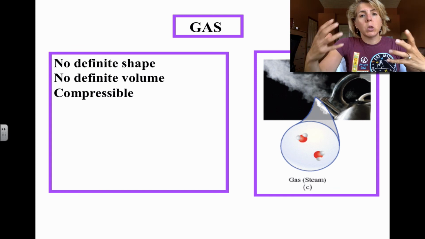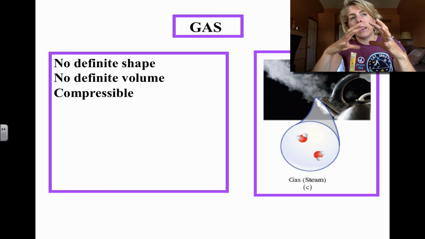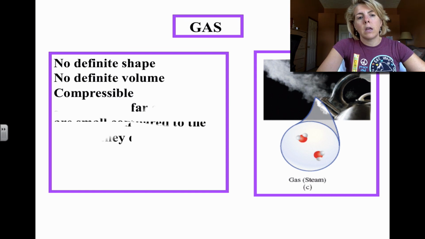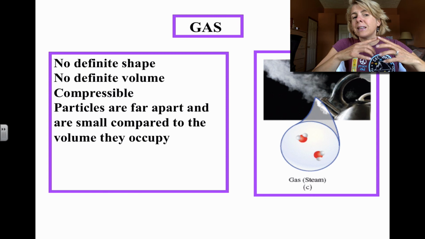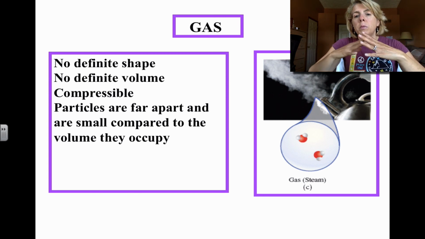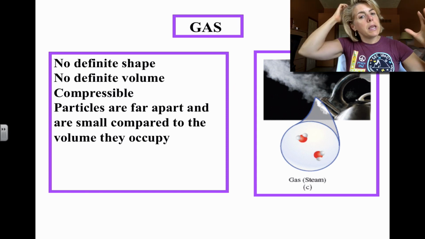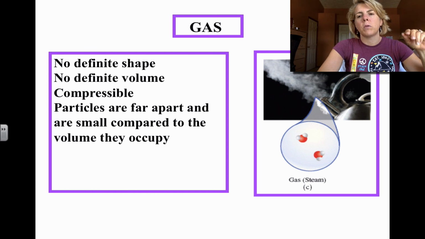If I have a balloon and I want to shrink it down, I can push on the outer container and eventually the gas will come in closer to itself. Also, in a gas, the atoms or molecules want to be as far apart as they can compared to the space that they have available. So it's just like talking about those relatives.